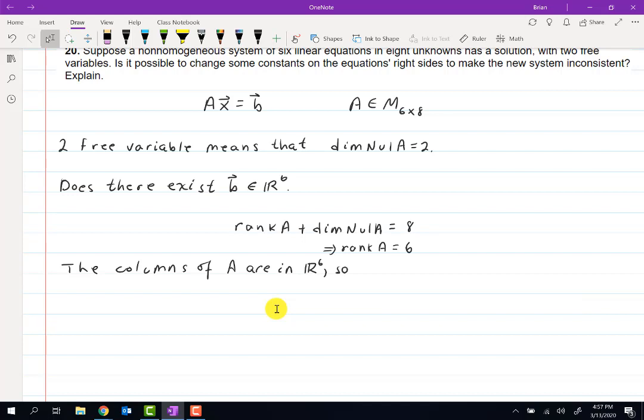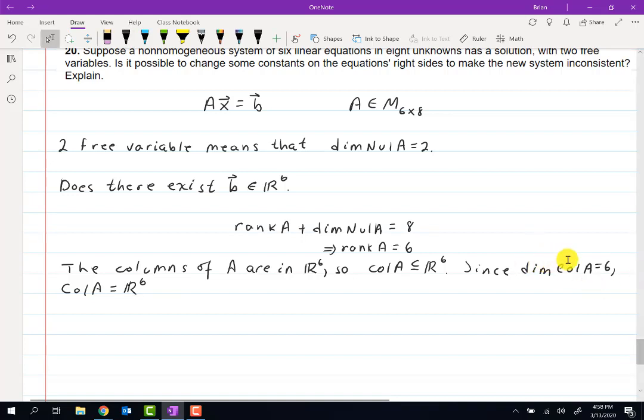So the column space of A is a subset of R6. But here I see that the dimension of the column space is equal to 6. The column space of A is equal to R to the 6. Since its dimension is 6 and it's a subspace of a space whose dimension is 6, we know that therefore it has to equal the whole space.